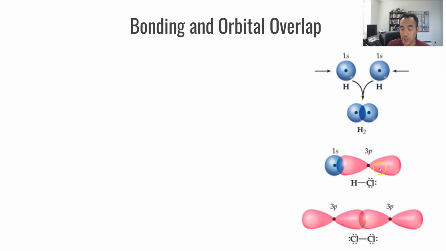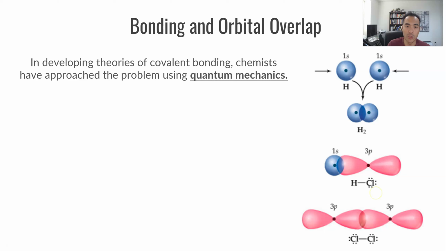Now, hydrochloric acid, or HCl, combines chlorine's 3p orbital with hydrogen's 1s, creating an overlap of s and p. Chlorine, Cl2, will also have an overlap of 3p orbitals because, remember, we're using your valence shell to make those arrangements.